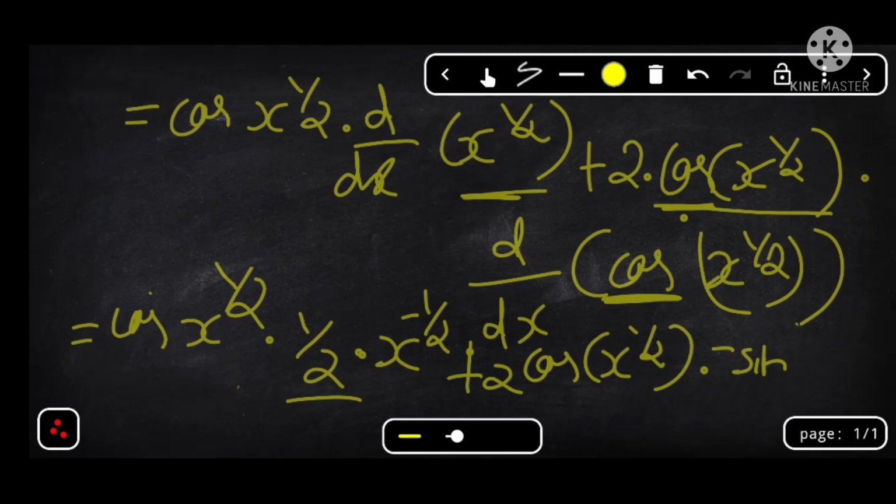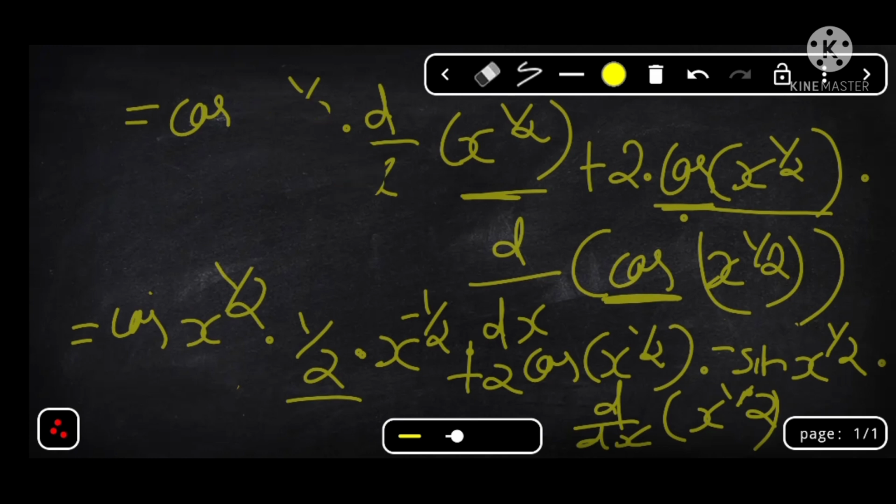Okay, so here it is x raised to 1 by 2 into d by dx of x raised to 1 by 2. Okay, so what will be the next step?